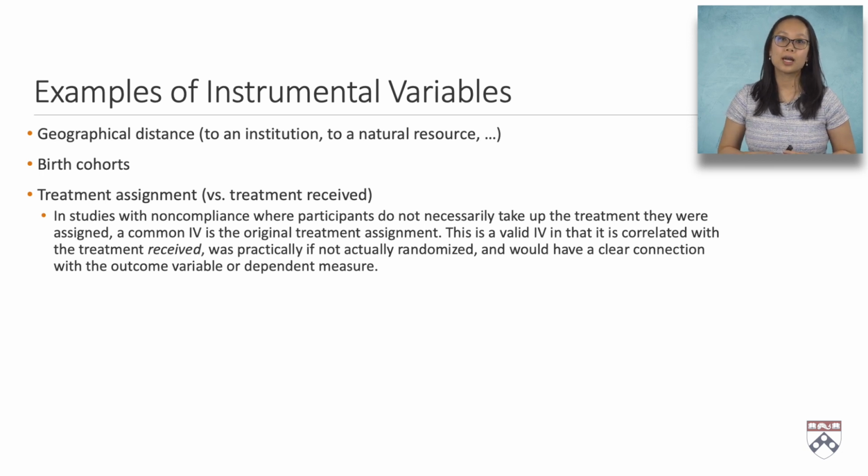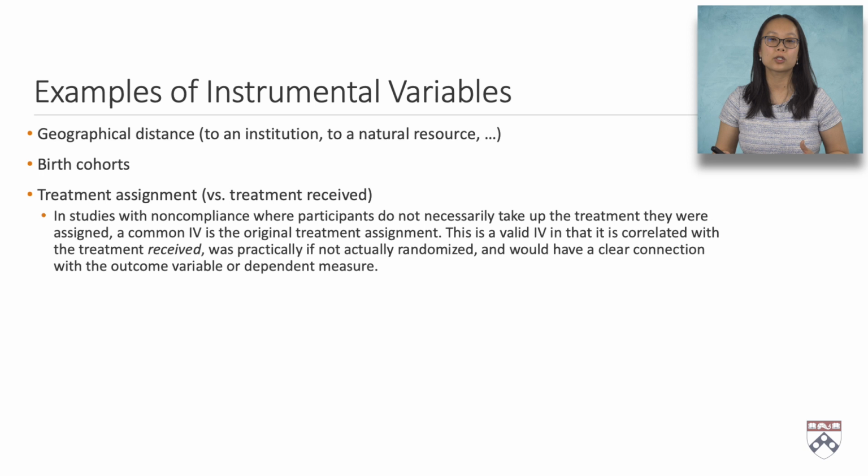So in studies with non-compliance, in which participants do not necessarily take up the treatment that they were assigned, a common IV is actually the original treatment assignment, which was random. And this is a valid IV because it is clearly correlated with the treatment received. So here, the treatment assignment is what was originally assigned, and this may be different from the treatment received, especially if you have participants who don't comply with the original assignment.